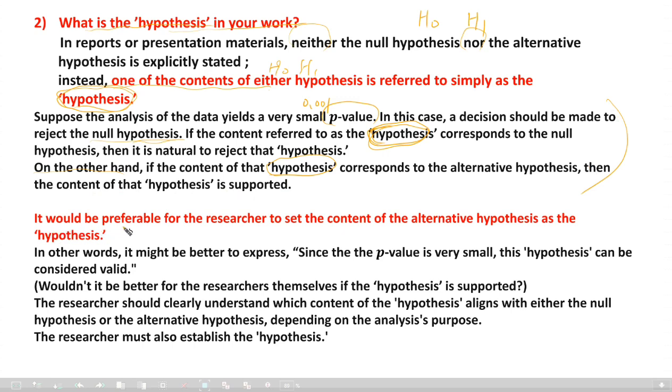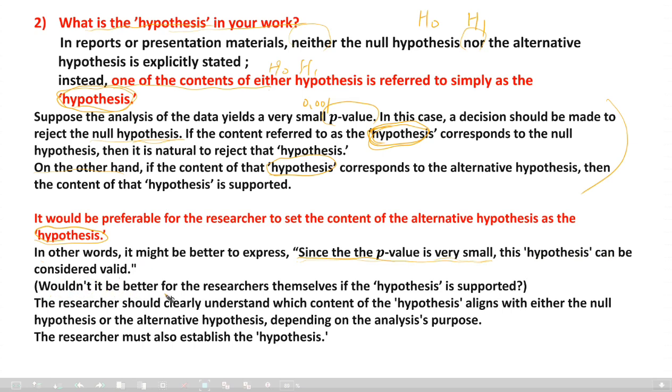It would be preferable for researcher to set the contents of alternative hypothesis as your hypothesis. As I told you, you have to understand for your analysis, which one? What is the contents of H0 and H1? You have to keep in mind that kind of thing. In other words, it might be better to express, since the p-value is very small, okay, this your hypothesis can be considered valid, right?